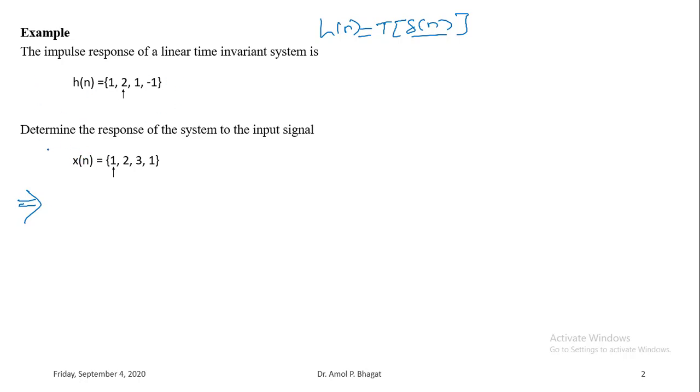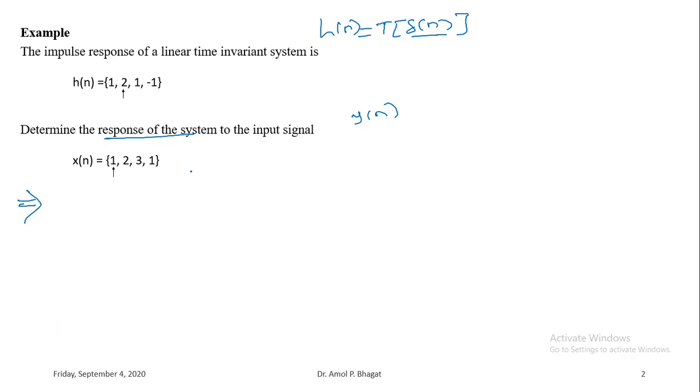In this example, we have to determine the response of the system to the input signal x of n. In any problem, you will be provided with the impulse response and the input sequence, and you have to identify the response of the system, that is, y of n.